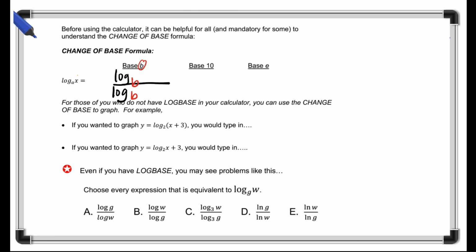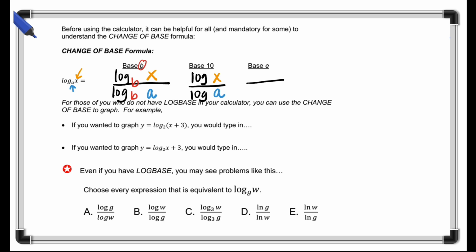Now, our argument, which in this case is x, is going to go in the numerator, and then our base, which is a, is going to go in the denominator. You can rewrite this no matter what sort of base you have. So you could have a base of 10, which we know is our common log. It's not required to write the base of 10, but you can if you'd like. But still, our argument is in the numerator and the base is in the denominator.